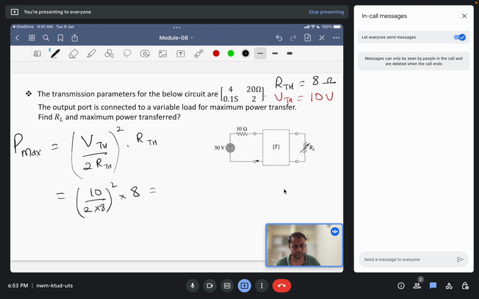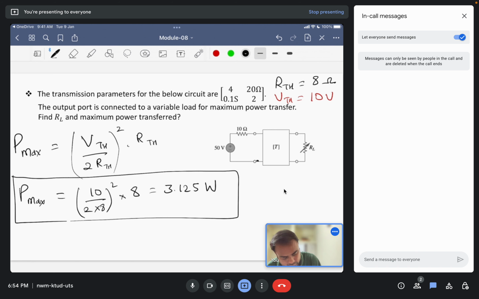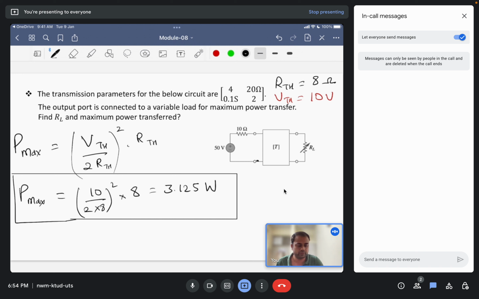Use your calculator to calculate. 10 divided by 16, squared, times 8, is 3.125 watt. So Pmax will be 3.125 watt. And how much load we have to connect? We have to connect RL as 8 ohms to get the maximum power from the network.